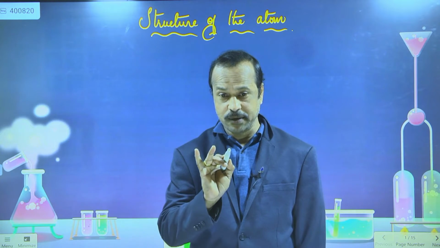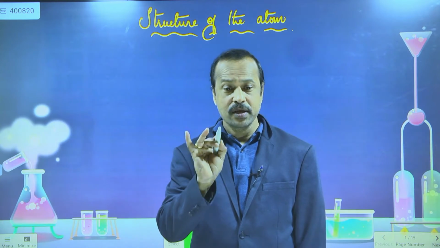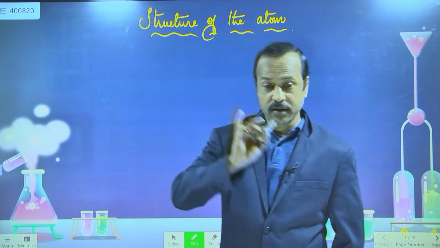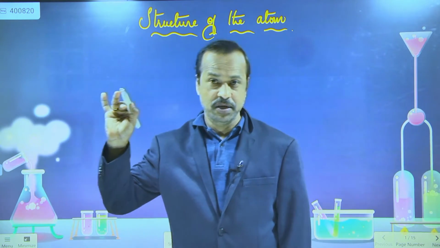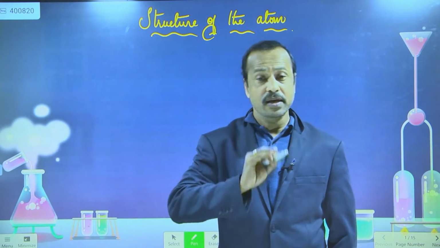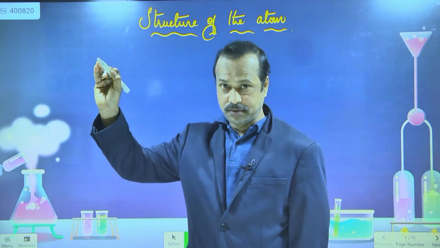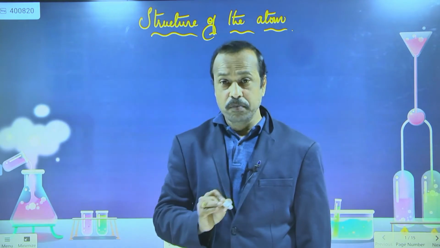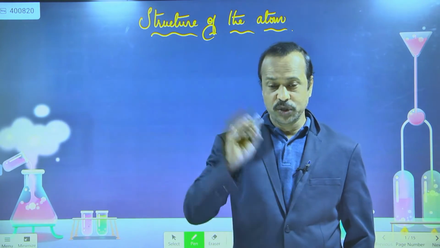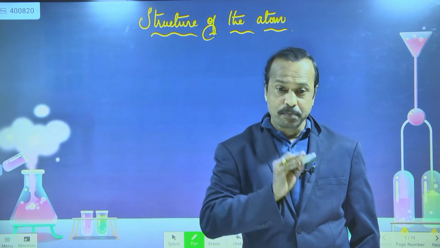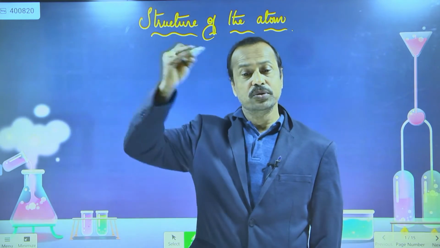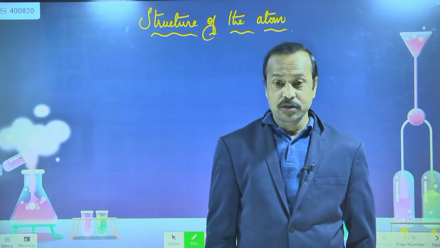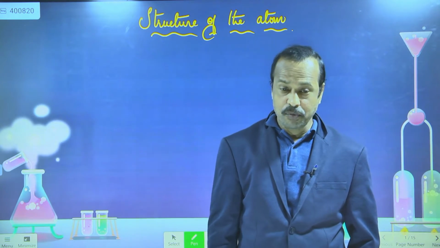For JEE mains, when you go to write the examination, we have 100% of atomic structure. And here I am going to cover more than 50% of the total, compared to your textbook, double and triple times. So that's what is very important.